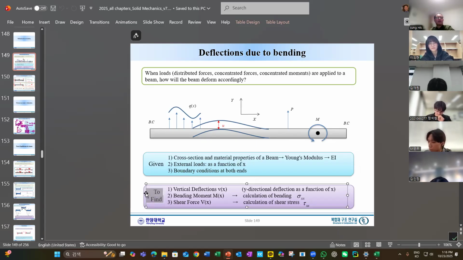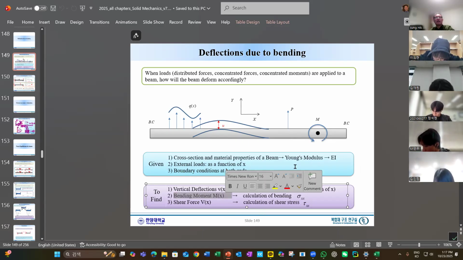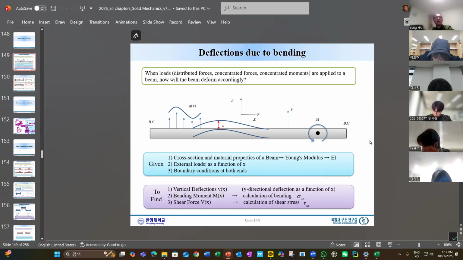Now, what are we going to calculate? First are the vertical deflections, the bending moments and the shear forces. We don't know exactly what shear force means yet, but once we calculate the bending moment at any cross section, we already know how to calculate the bending stresses.